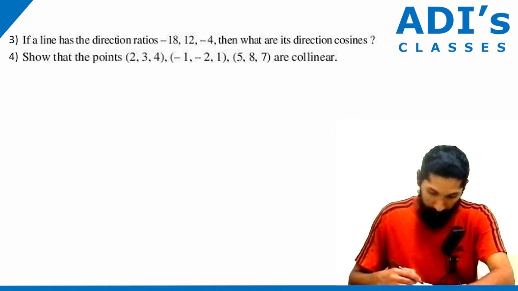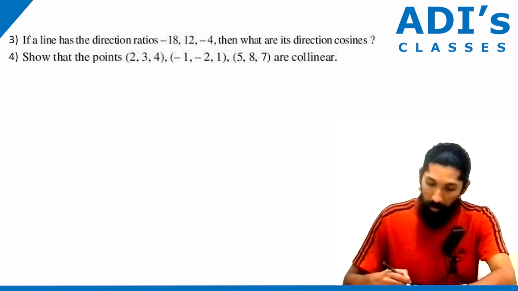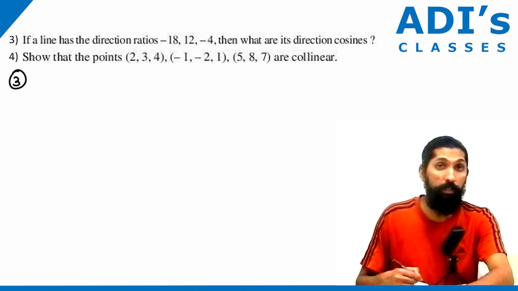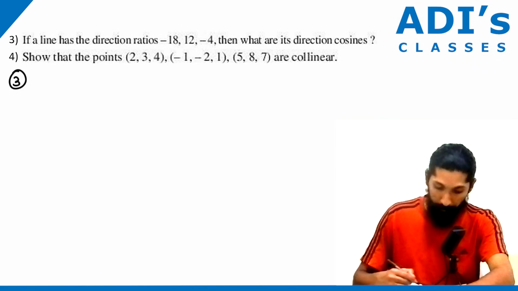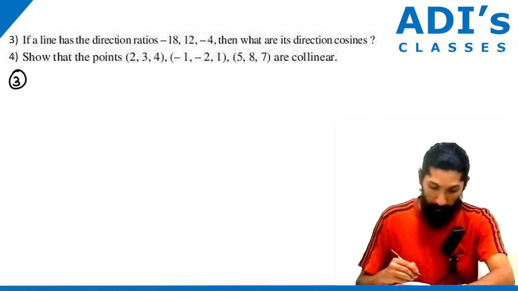See the third one. If a line has direction ratios of such things, what are its direction cosines? Again, it's very similar to what we did in the first question, isn't it? First, we'll calculate root of a square plus b square plus c square.